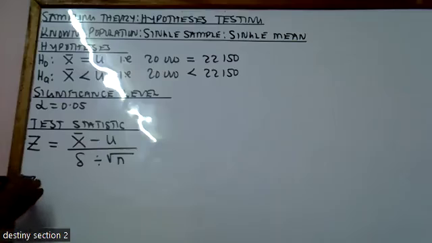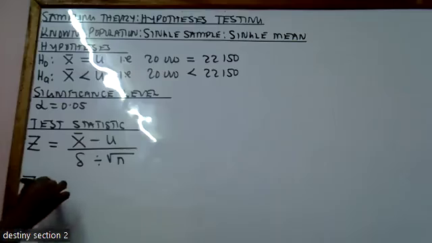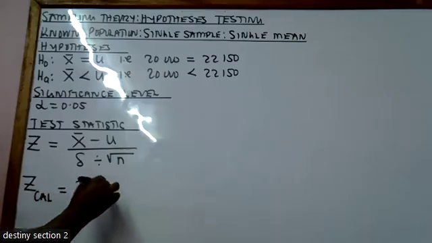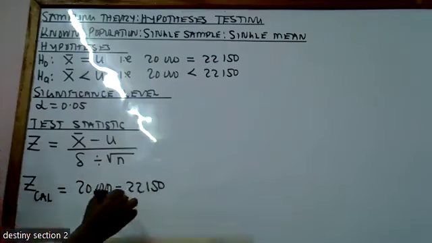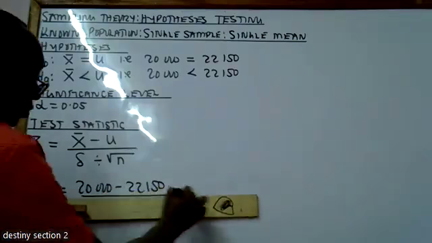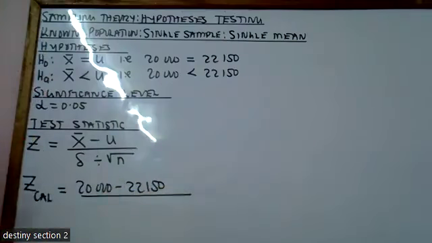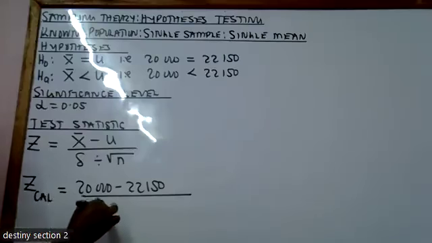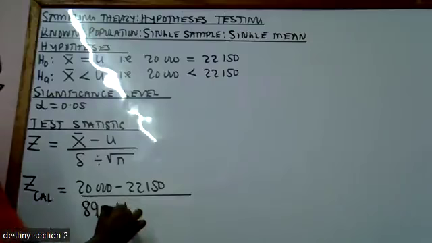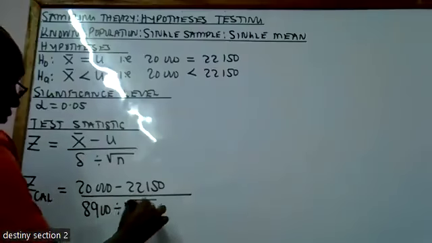Therefore, my Z calculated should be 20,000 minus 22,150, divided by the standard deviation, which is 8,900 divided first by the root of 200.